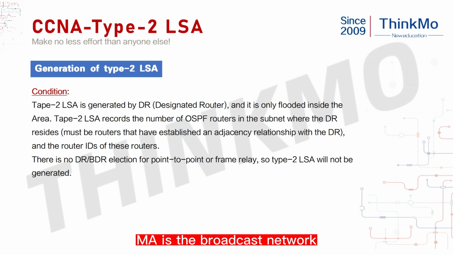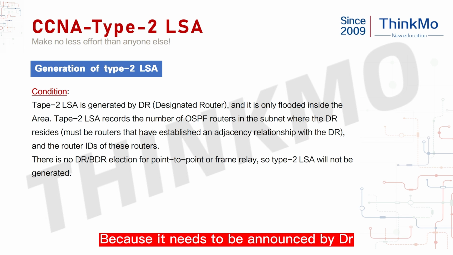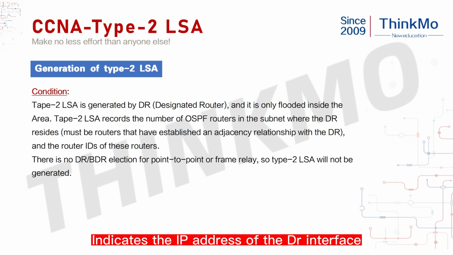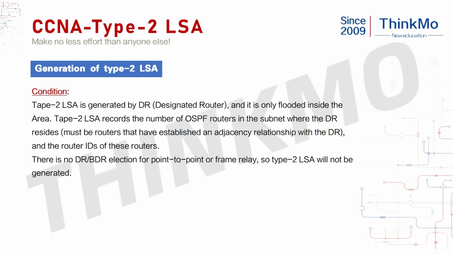MA is the broadcast network. NBMA is similar to an ATM network environment. MA is still mainstream, called broadcast. It produces the Type-2 LSA mentioned, because it needs to be advertised by the DR. This virtual router uses the IP address of the DR interface as its unique identifier.